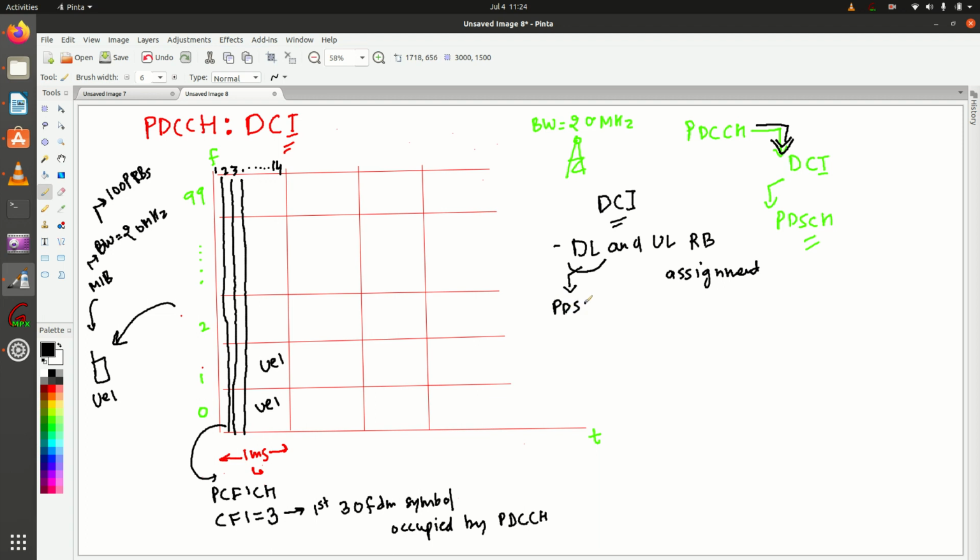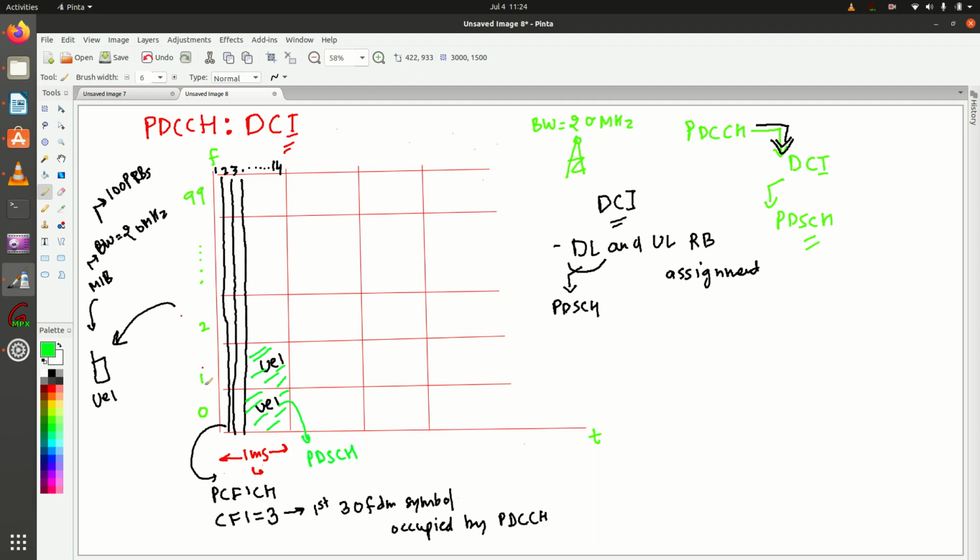Okay, so we know that this part of a PRB is occupied by PDSCH. This green part, let me write it here, PDSCH. So you come to know that PDSCH of PRB 0 and PRB 1 are allocated to me.